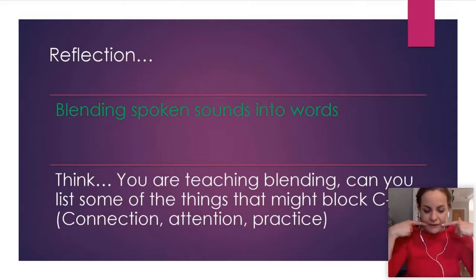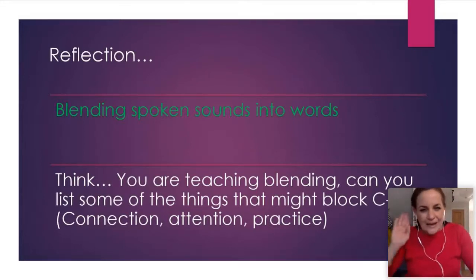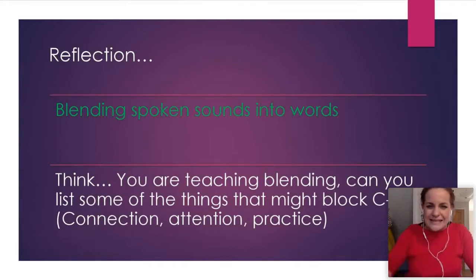Another potential barrier for attention is that not all of the children are joining in. So it's really important, it's almost like choral, that they're joining in with you. And if they're in a really noisy environment where they can't hear very well and they're going to get easily distracted, that would be a barrier for their attention for this target.